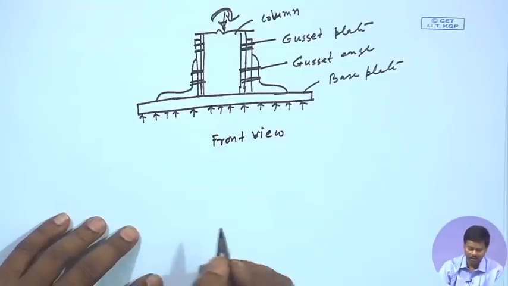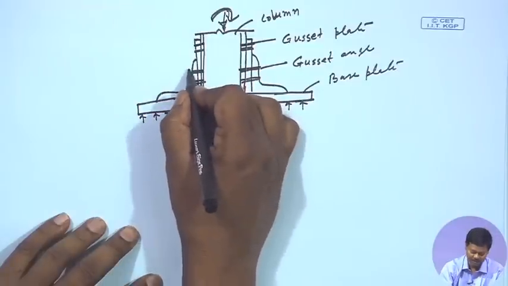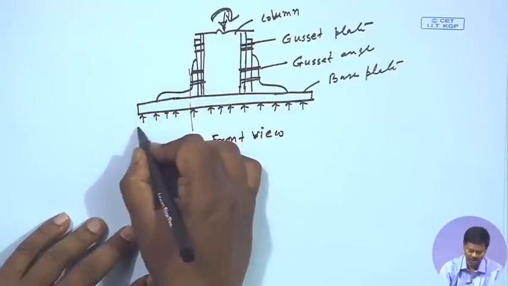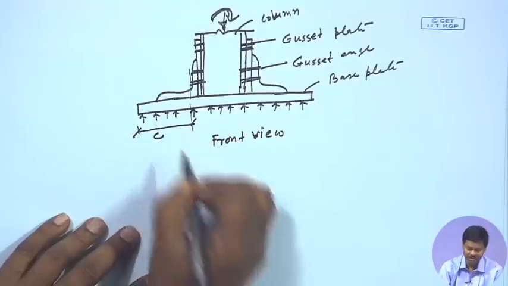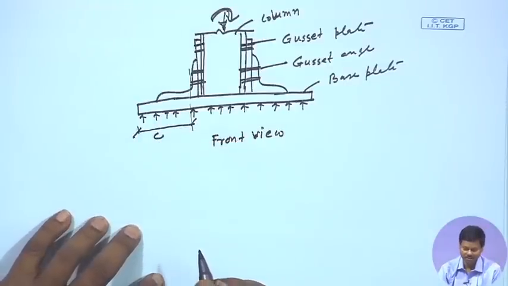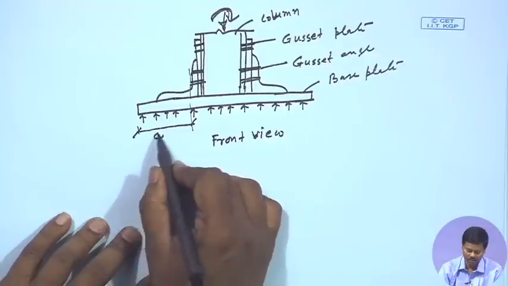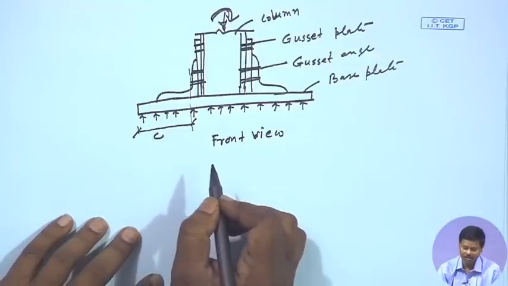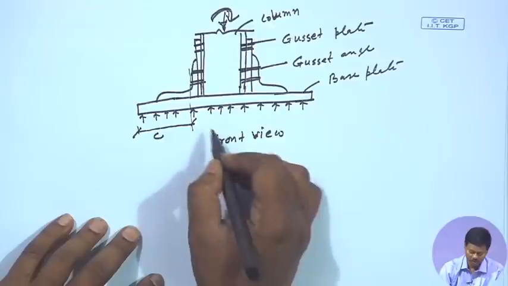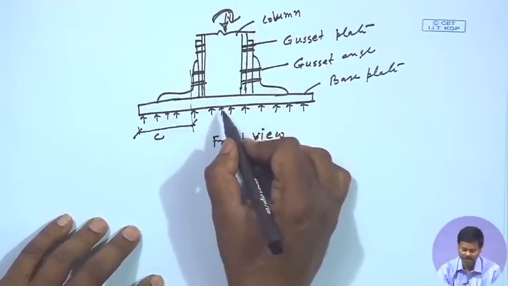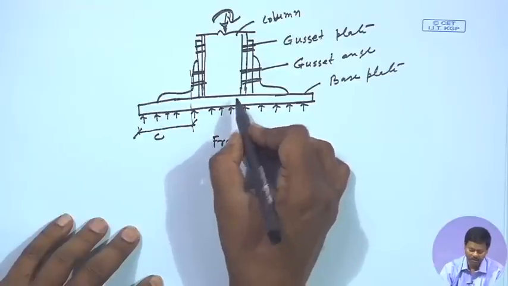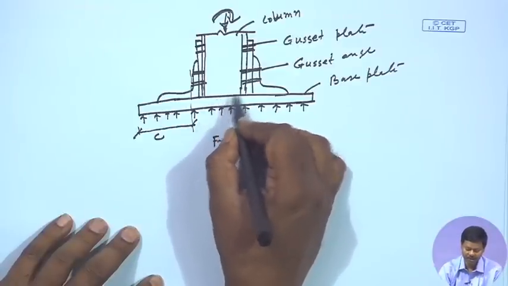and the critical section at which the maximum moment will develop is this, the maximum overhang portion. So, this we can say C, the maximum overhang portion, right. Now this column may face complete bearing or incomplete bearing.